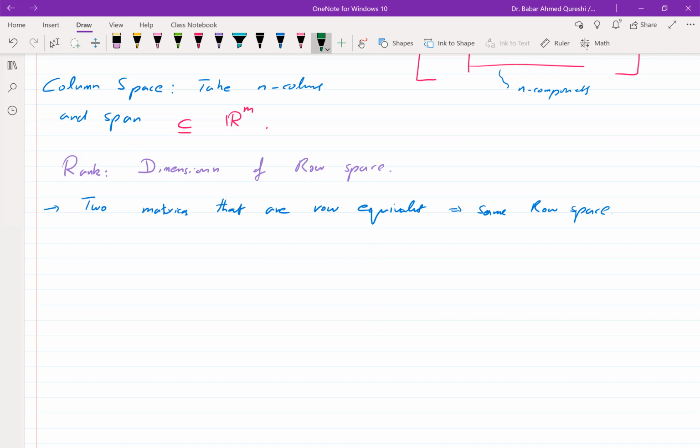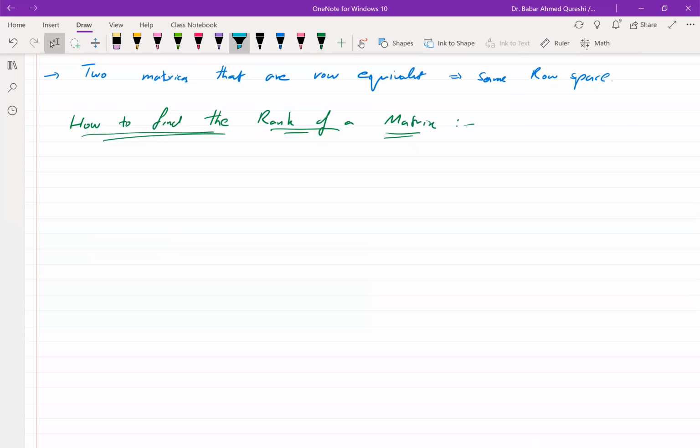Now let's look at how to find the rank. Rank of a matrix. So that's the first issue today. What you can do is you have a matrix A. You just go to its echelon form.